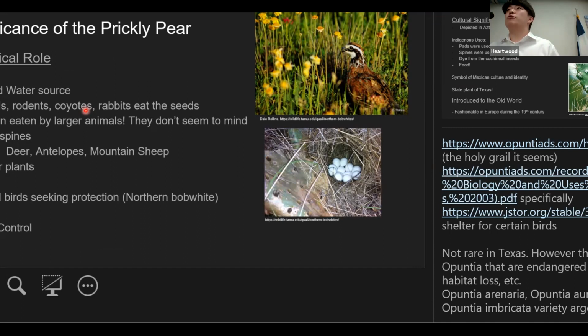However, larger animals such as deer shrug off the spines and just eat the pads themselves. There are also birds such as the northern bobwhite quail that use the prickly pear as habitat for their nests, seeking protection from predators.